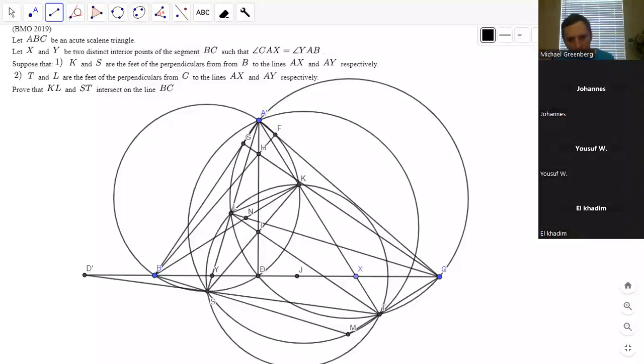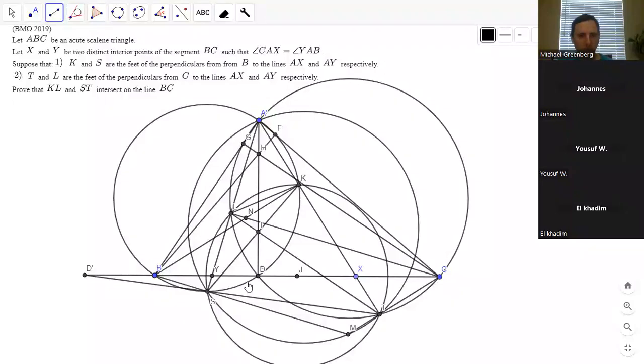So we want to show that AL over LY times XK over KA, and the symmetric thing, work out to be the same thing. And well, AL over AK, we have similar triangles.